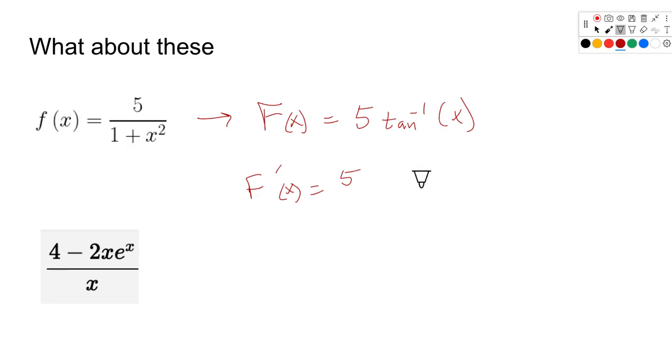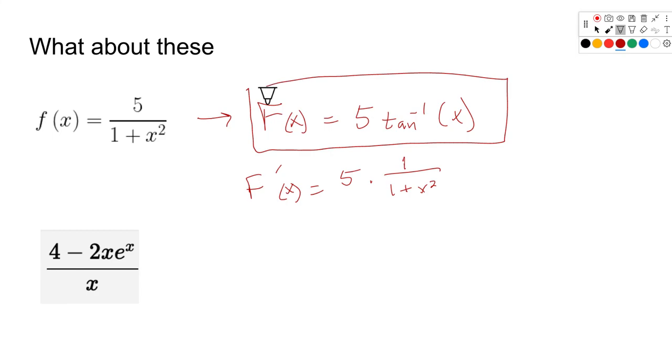The derivative of inverse tangent is 1 over 1 plus x squared. Yep, the 5 can go on the top. It works. So again, just recognizing some of these. Once you recognize them, it's pretty straightforward. But if you don't recognize them, it's like, where do I even start? You go look back at the derivative tables.